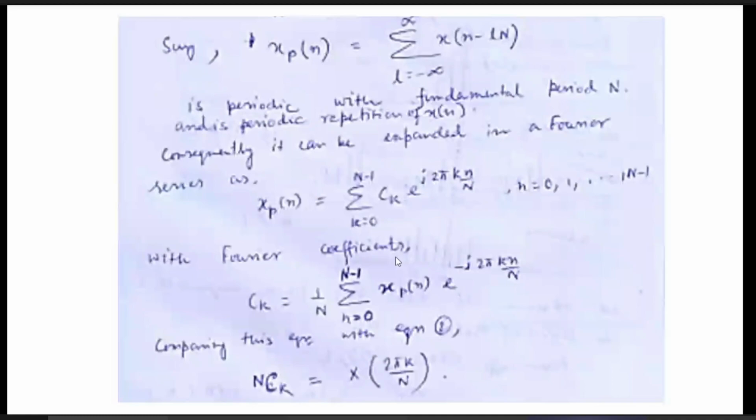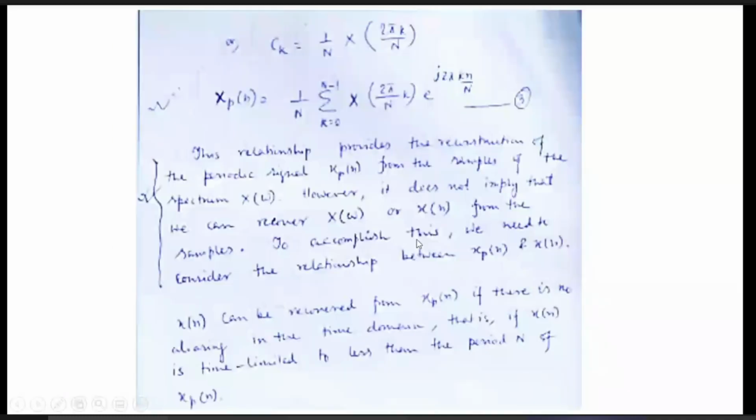Now, whether this periodic signal is similar to your original discrete signal or not, to accomplish that we have to find the relation between the periodic signal and x of n. So x of n is having certain duration, xp of n is having certain duration, so there should be some matching between these two.